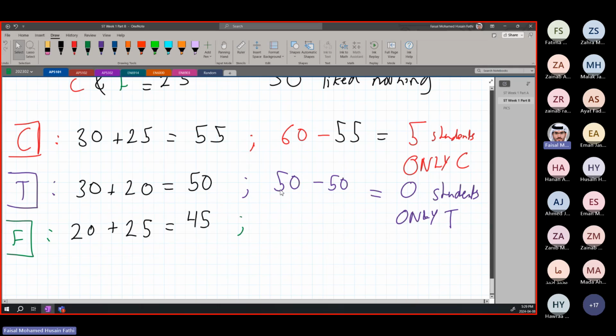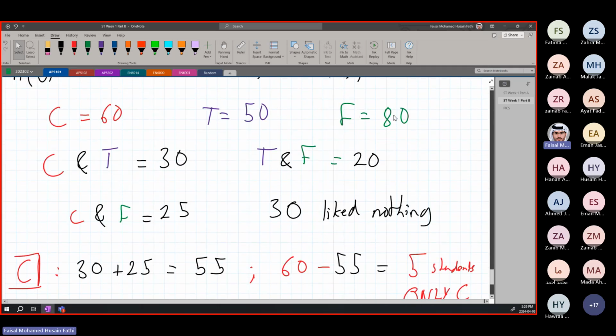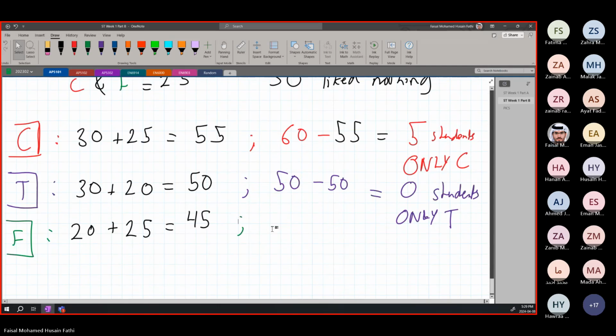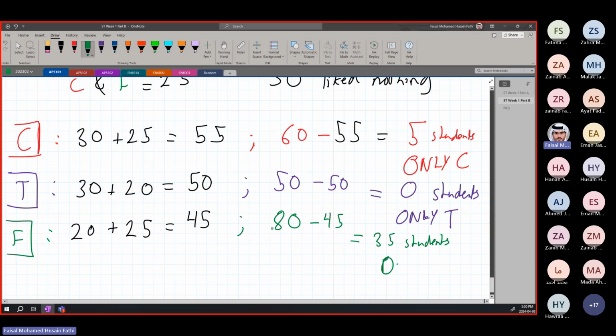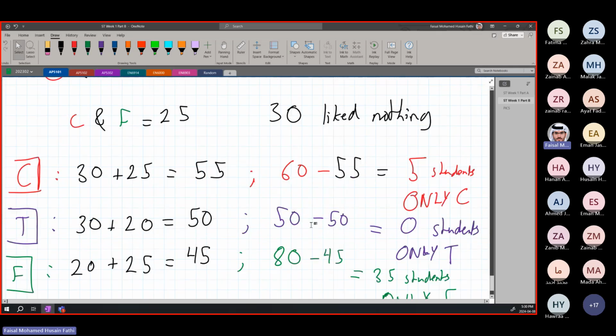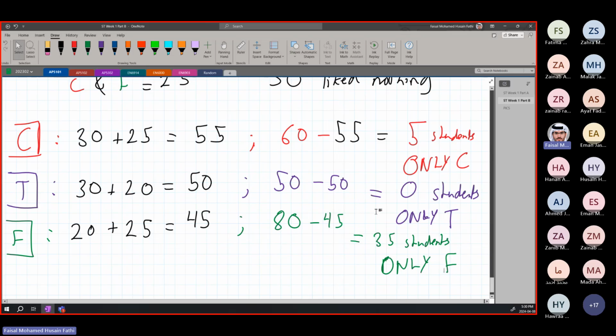So we have a total of 80 that love football minus these 45 which love both. So this is equal to 35 students that only love football. So we found the number of students that love each sport specifically.